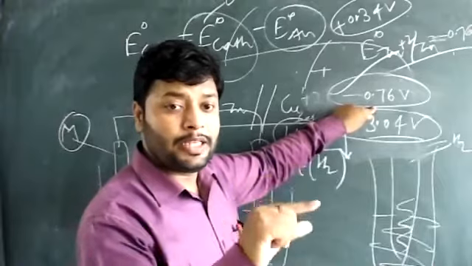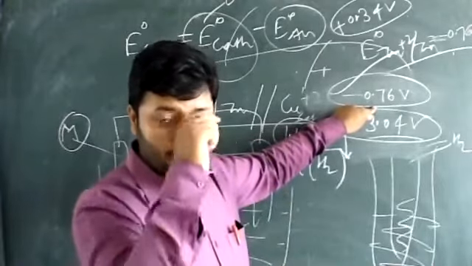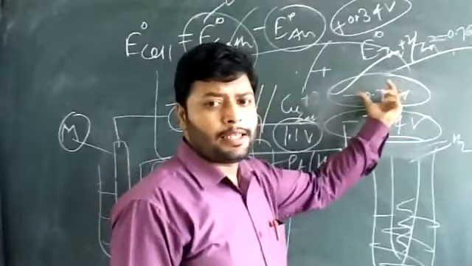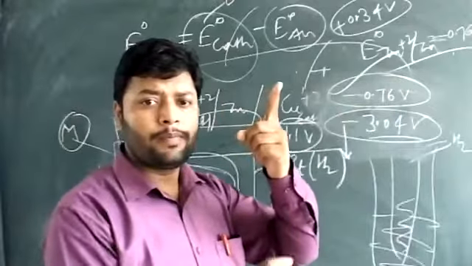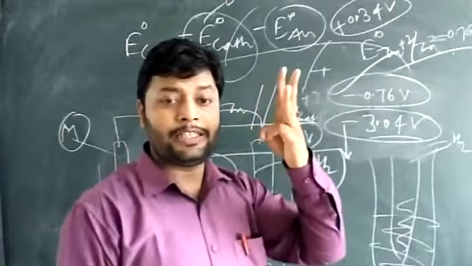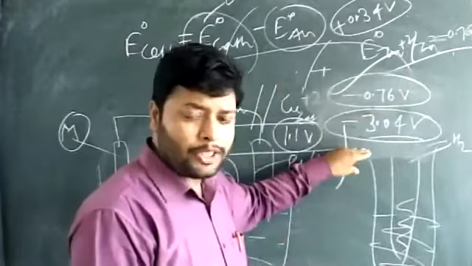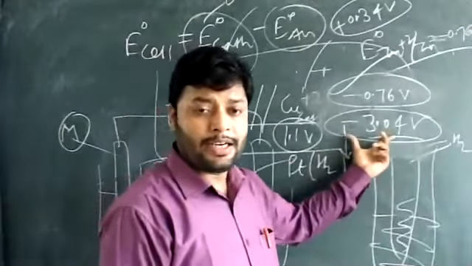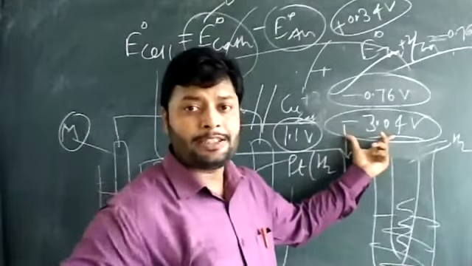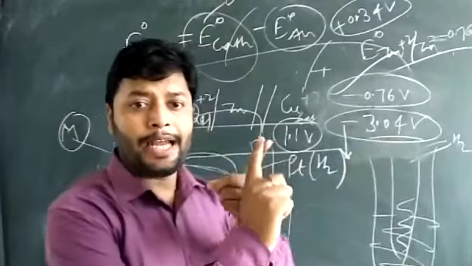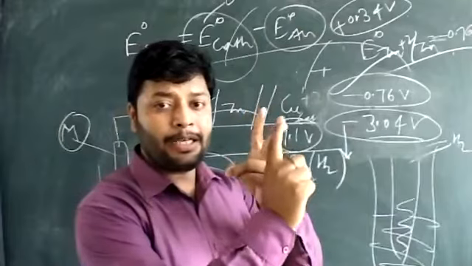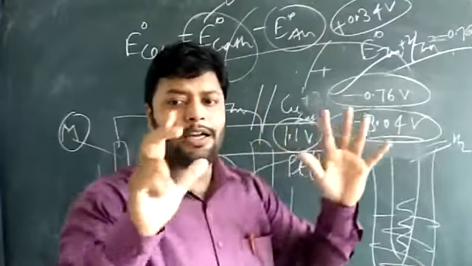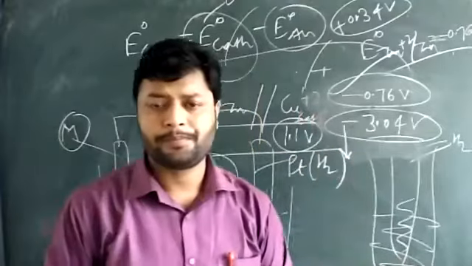Reduction means the substance acts as oxidizing agent. Okay, fine. So with the higher reduction potential value: cathode, reduction and oxidizing agent. And opposite for the next value. This is the lower reduction value. More negative is lower reduction value. So it must act as anode, must be having oxidation. The substance acts as reducing agent. This is all about the concept.